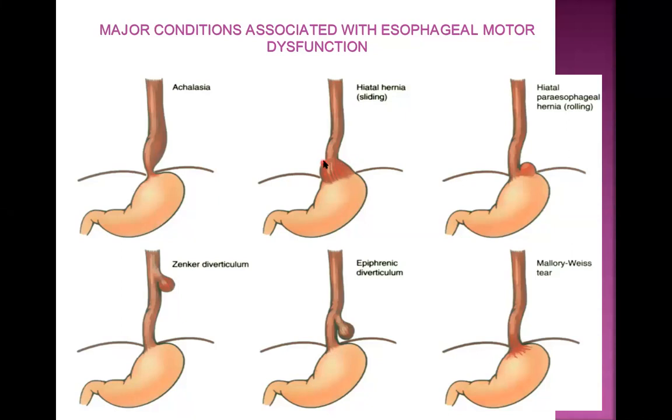The LES is herniated upward. Another type of hiatal hernia is called paraesophageal hernia. Here the lower esophageal sphincter is still present below the diaphragm, but one small part of the fundus of the stomach is herniated upward.